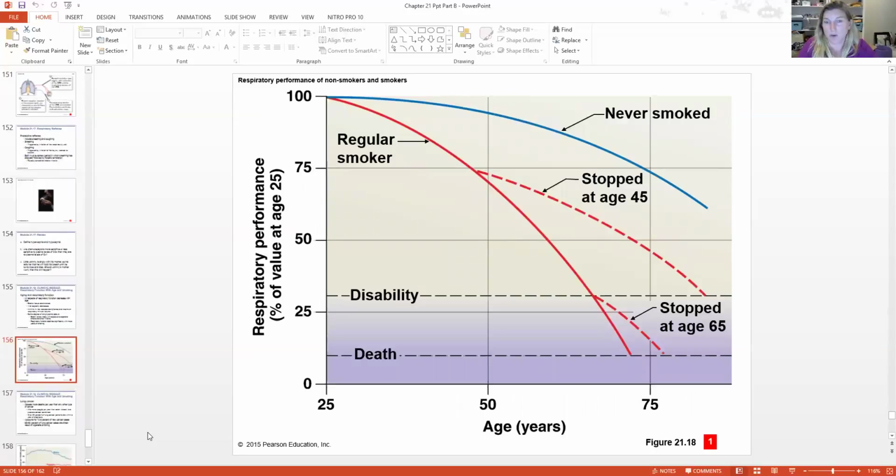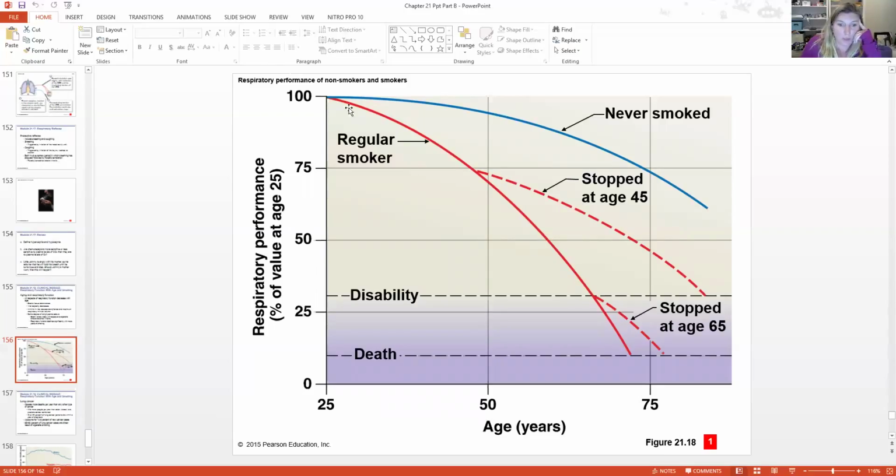Check this out. If you are a smoker, you might want to quit now. Just check out the changes that occur in the lungs. Someone who never smoked, this blue line is the non-smoker, they have a very high level of respiratory function.